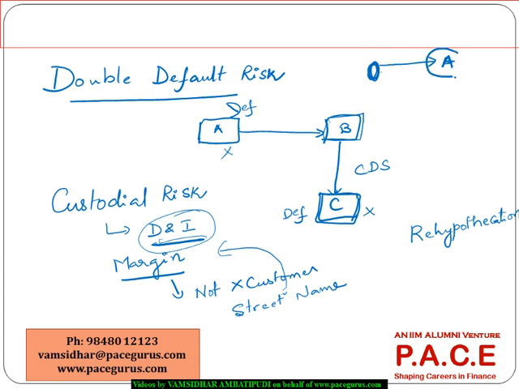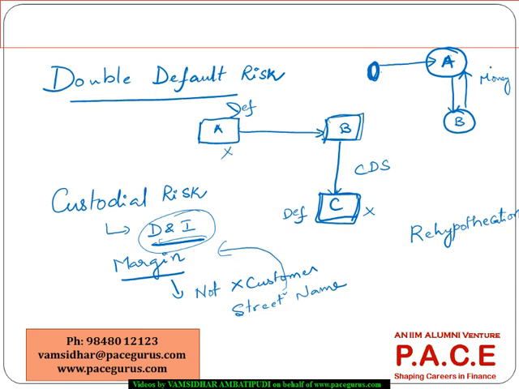Now what A could do is repledge these securities to B and raise money. So whatever securities are pledged, they can repledge them and borrow money to fund their own operations.